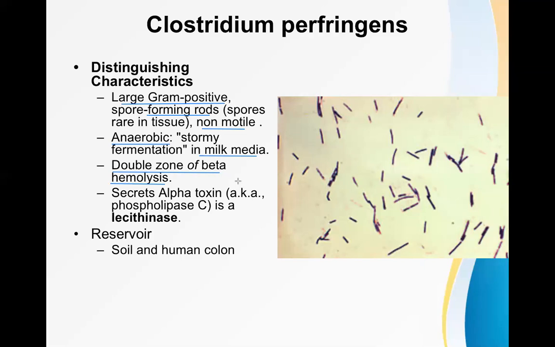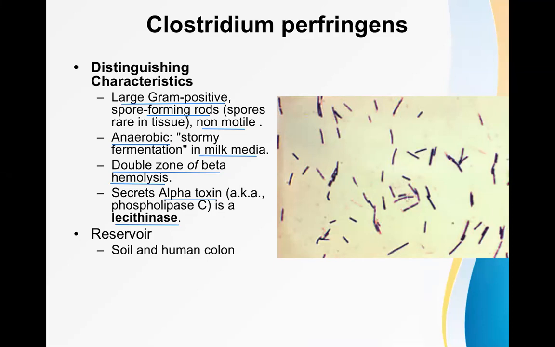One very important virulence factor which they produce is called alpha toxin, also known as lecithinase toxin or phospholipase C. It is considered a spreading factor in Clostridium perfringens gas gangrene.